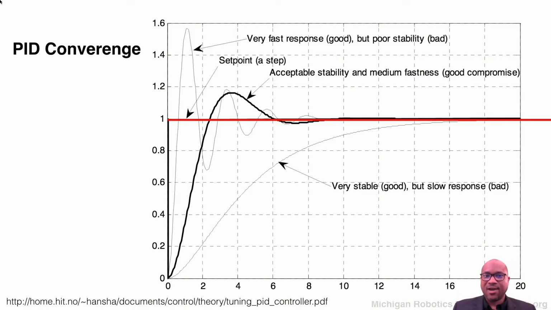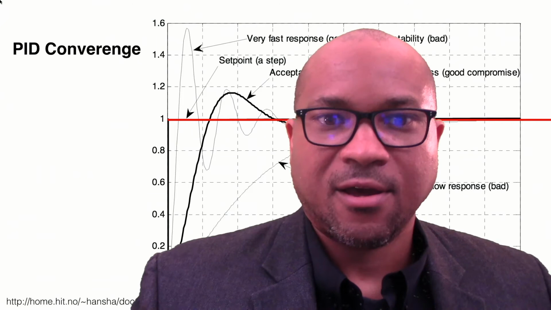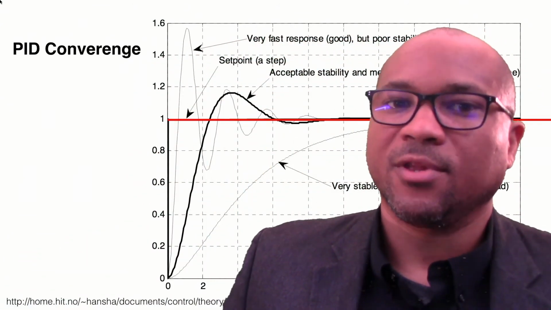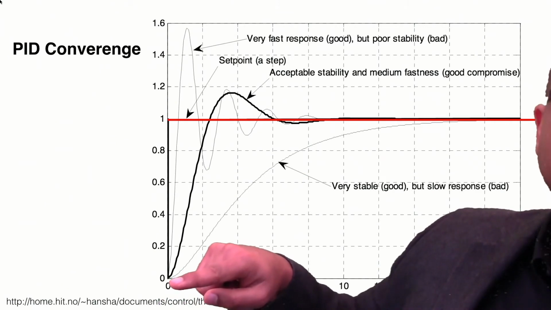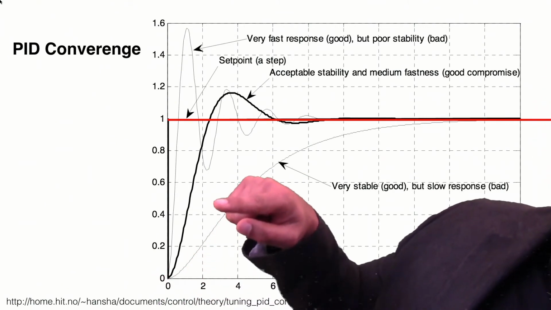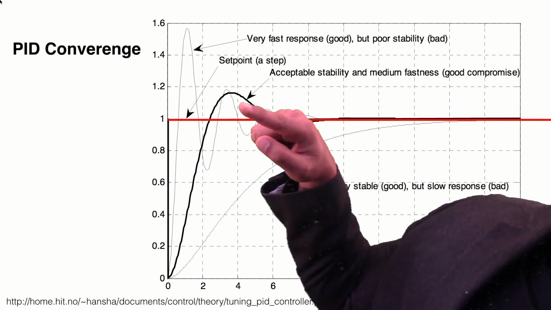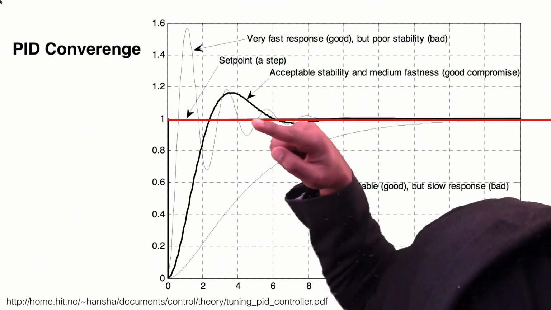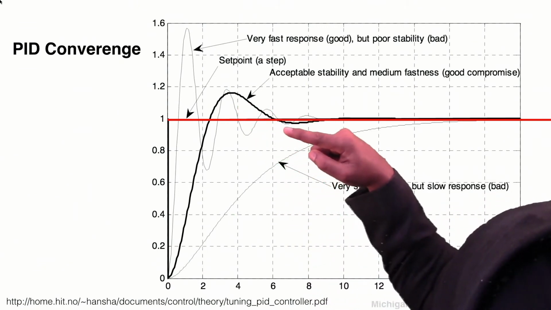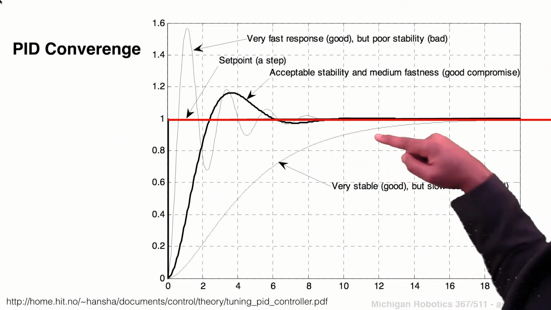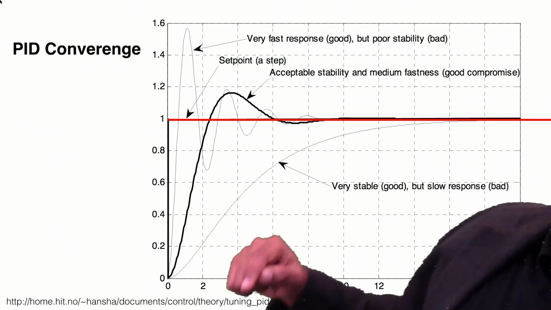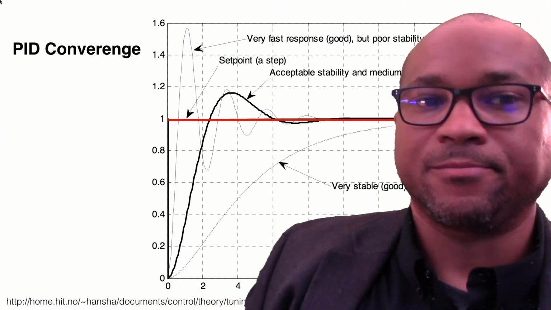If we have really good behavior, our system will come up, overshoot the set point a little bit, and then slowly come back to the set point and provide this nice convergence.